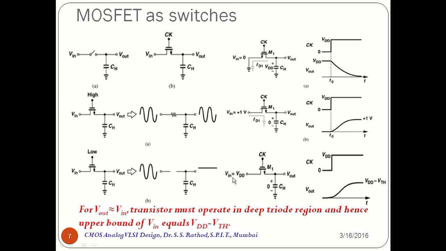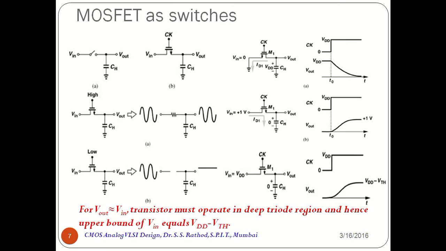Now let us say you increase the input to the maximum value, that is VDD. When you switch on the switch, the capacitor will start charging. However, in this case, gate voltage is the clock and the source voltage is V out. Thus, source potential keeps continuously changing. That means VGS continuously changes.